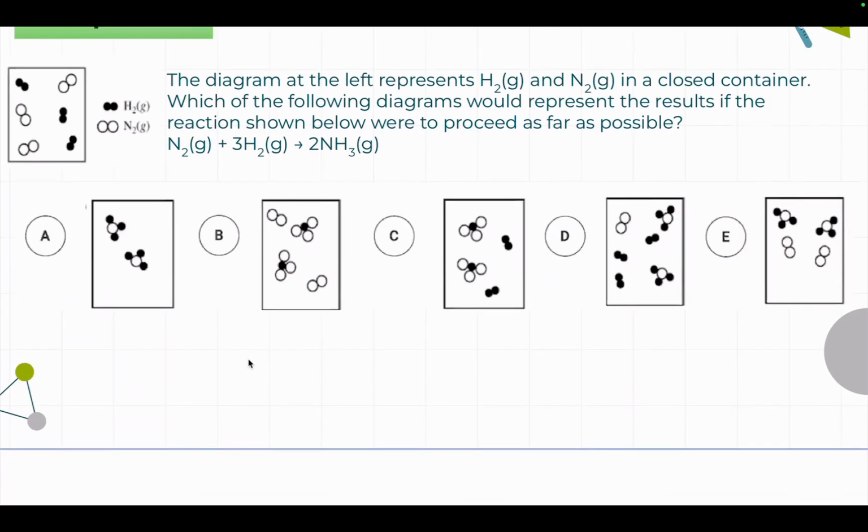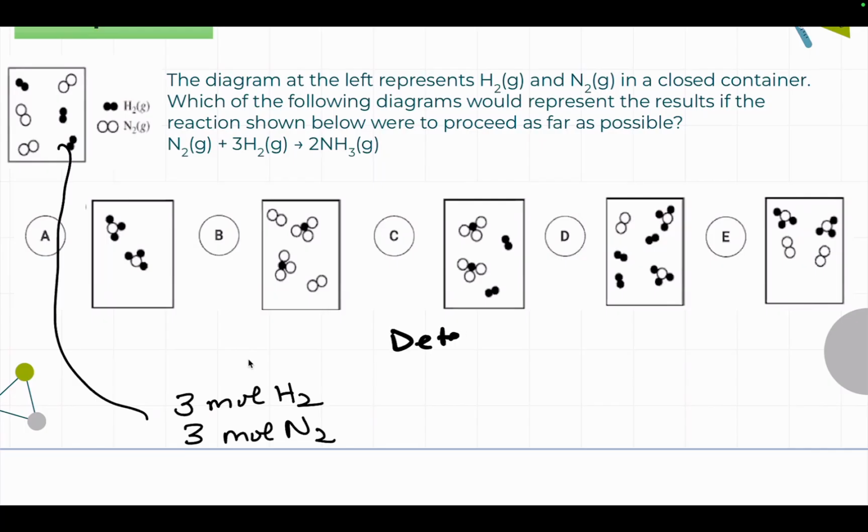So in the question, just very similar to the previous question, we're trying now to pick which picture is the correct diagram. So in the question up here, they're telling you that you have 3 moles of hydrogen and 3 moles of nitrogen. And again, this is one where I think you can figure out who the limiting is without showing your work, but I am going to show mine.